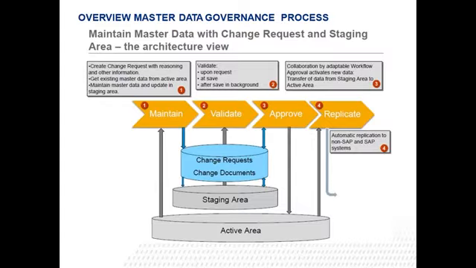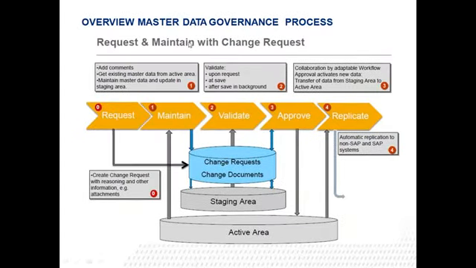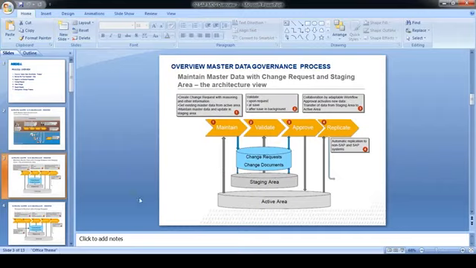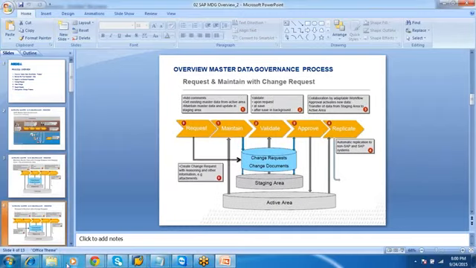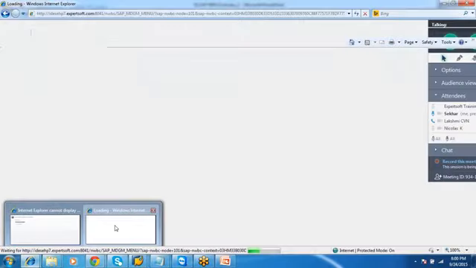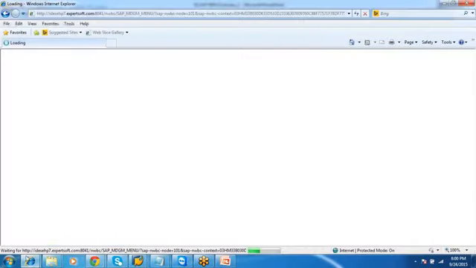In the next slide, if you see here, there is request and maintain change request. So there is an additional step added here, that is a request. So I can create one change request without selecting any material, and I give it to some person who maintains the data. So that is what request means here. Let me try to show you.